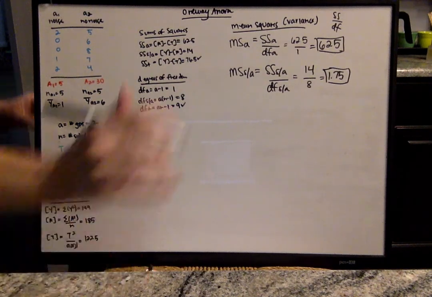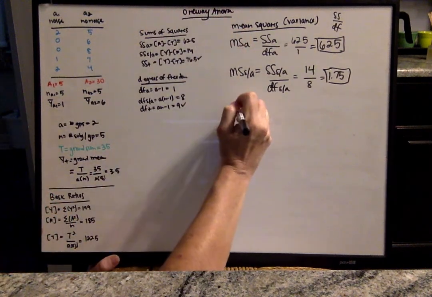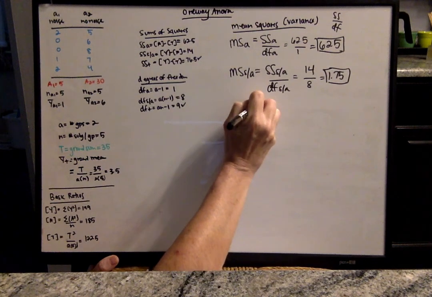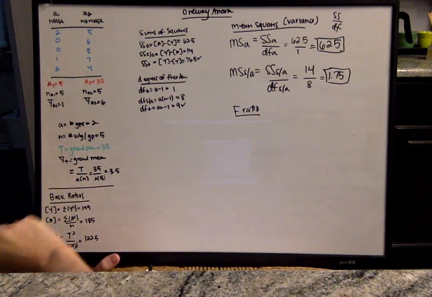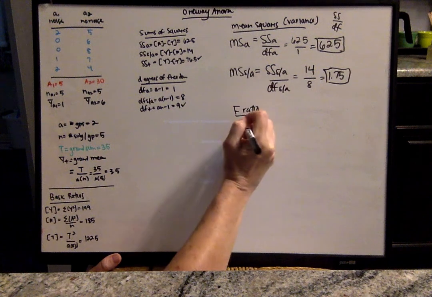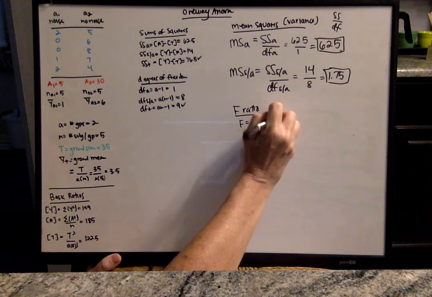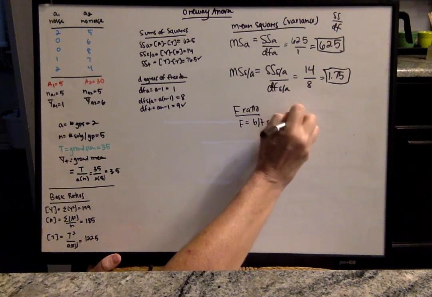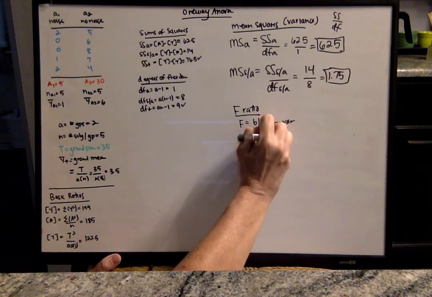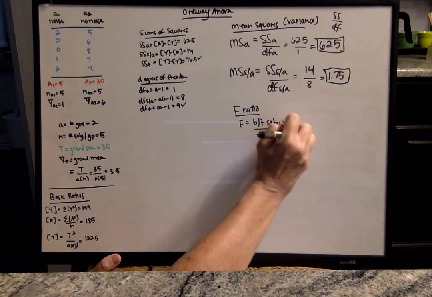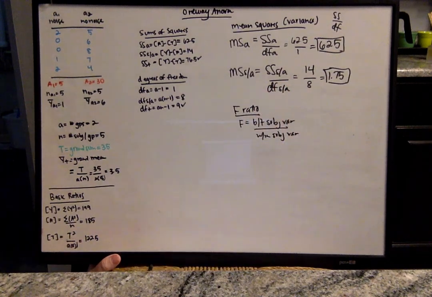Once we have these two mean squares, we are finally ready to calculate the F ratio. If you remember how I described the F ratio before, I said that F was our between subjects variance divided by our within subjects variance.